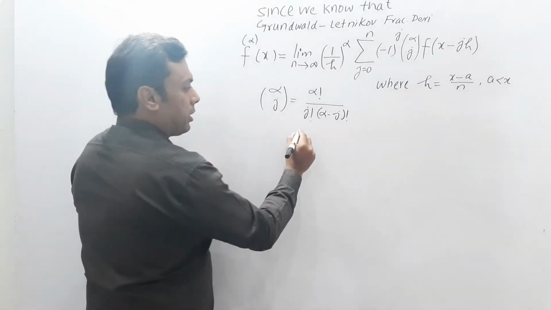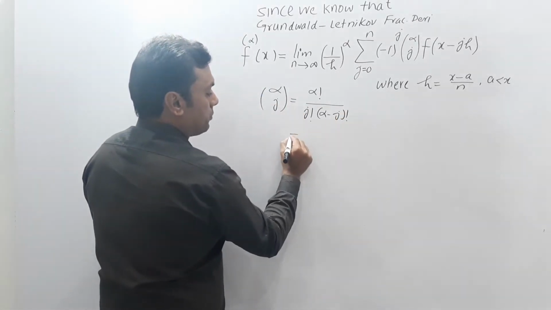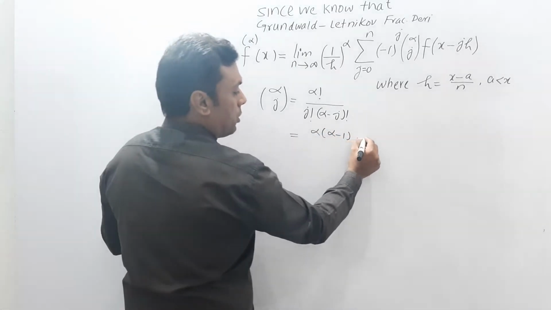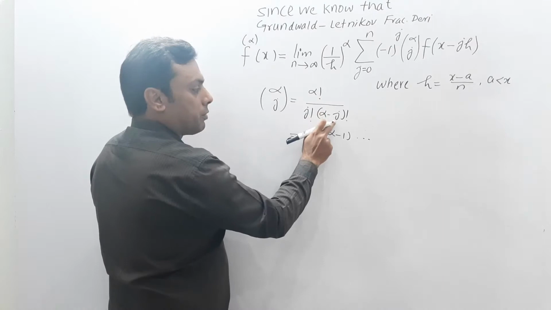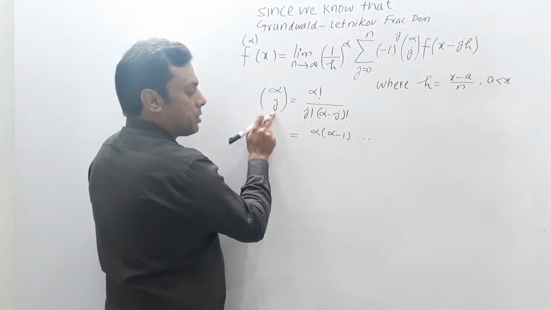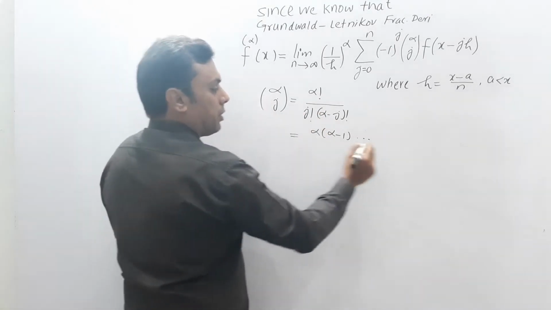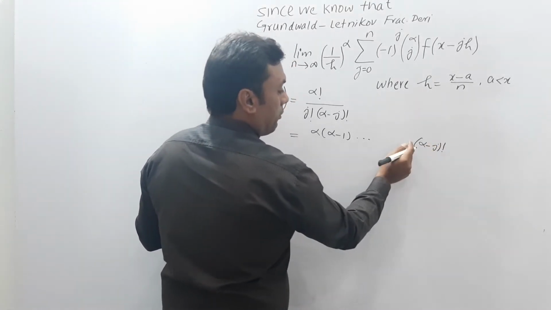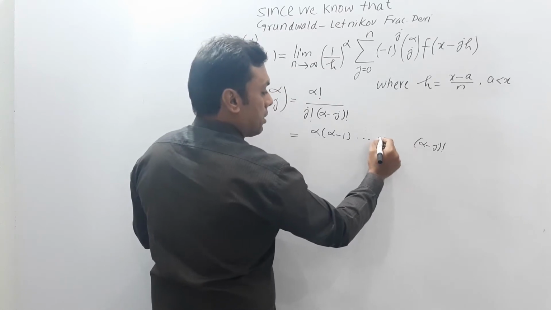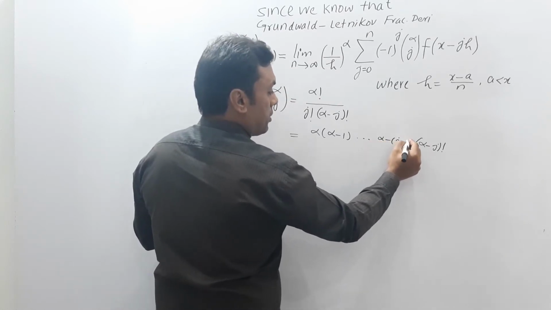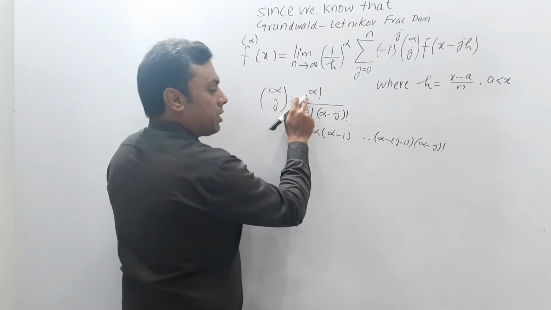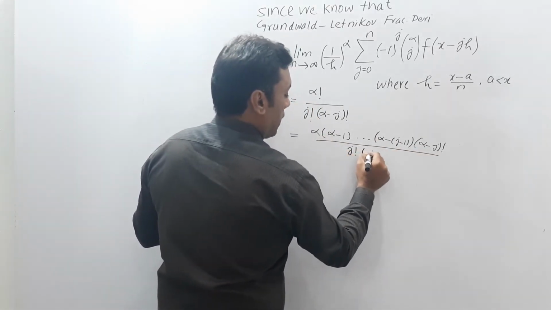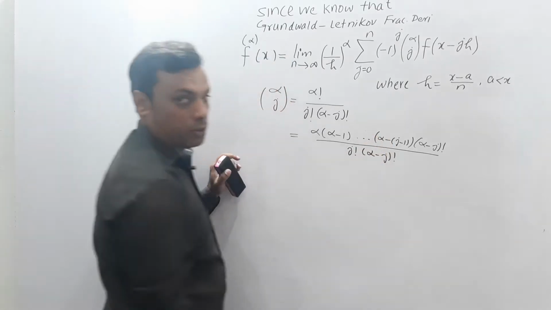Alpha factorial can be written as alpha into alpha minus 1 into alpha minus 2 and so on, and if we stop at some integer j, because j is always less than or equal to alpha, then alpha minus j factorial, and the previous term will be alpha minus j plus 1. So I just expanded alpha factorial, and in the denominator everything will remain as it is, alpha minus j factorial.